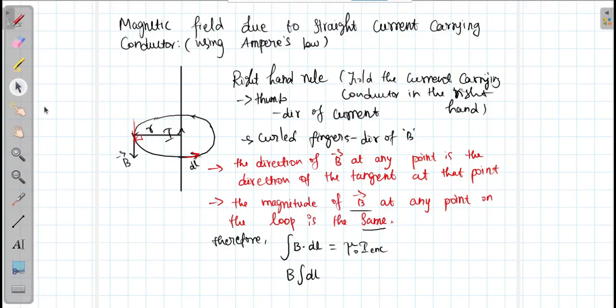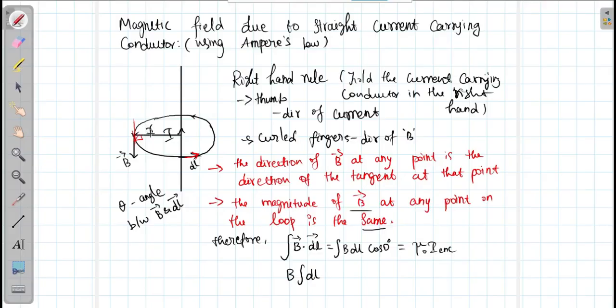One more thing I forgot to mention. Actually, it is a dot product. Therefore, it is integral B dl cos theta. Here it is 0 degree. Actually, theta is the angle between B and dl.